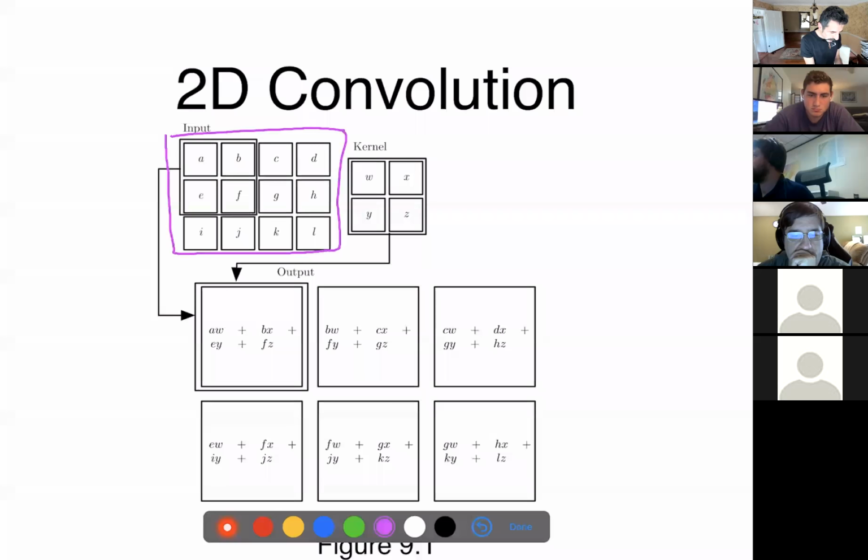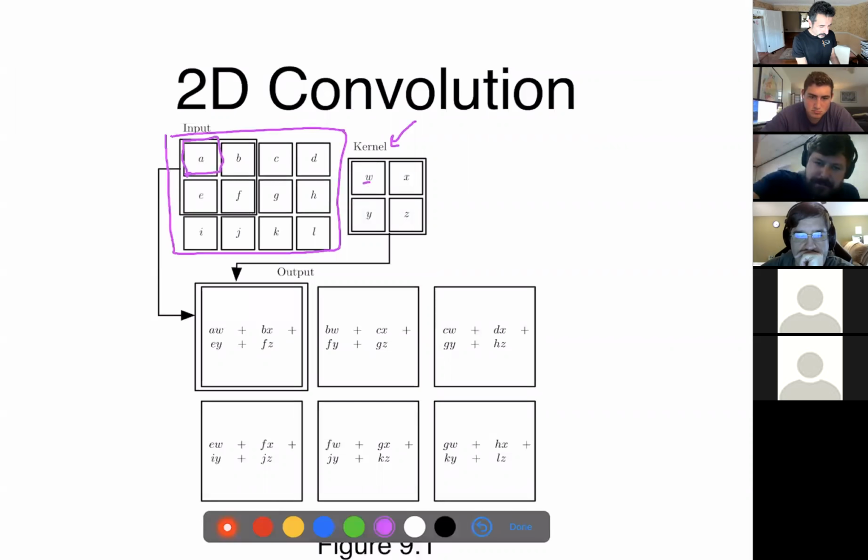So each of these basically is 1 pixel, okay? And you have a kernel. Kernel, you can think about this as the parameters that you want to learn or you have learned through stochastic gradient descent, right? So these kernels have also a grid structure, right?